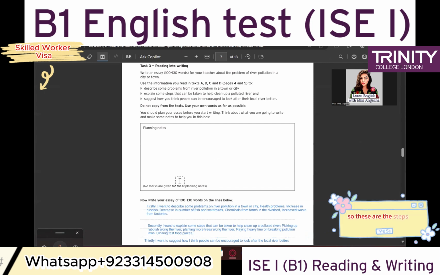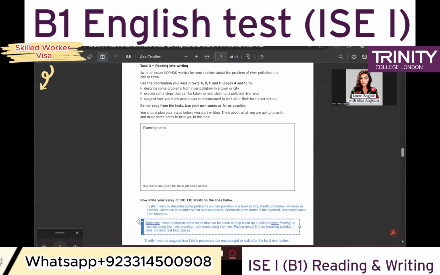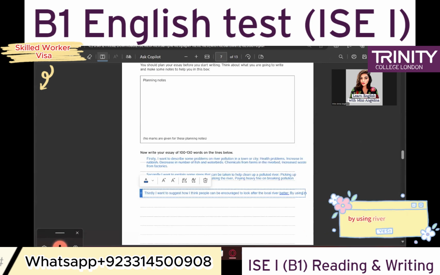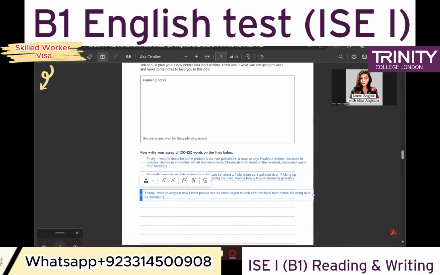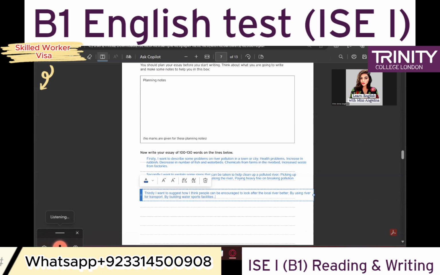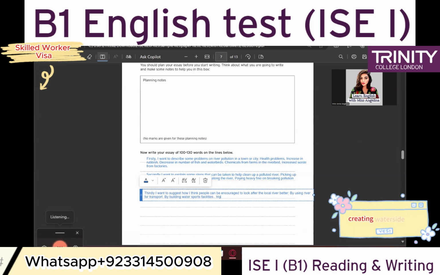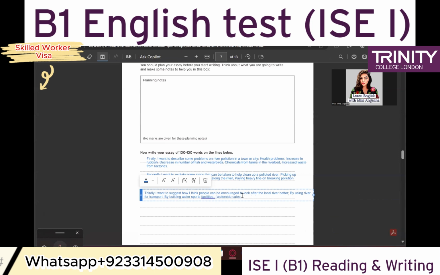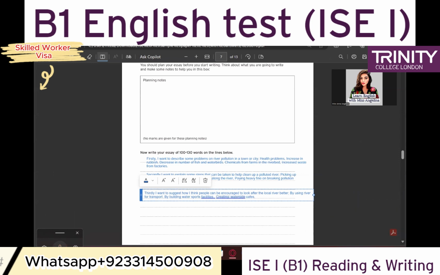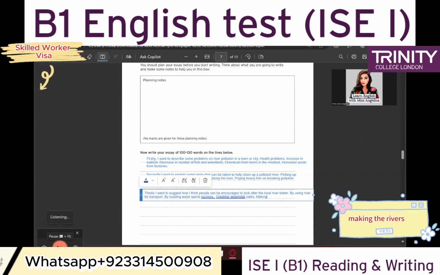So these are the steps that could be taken to clean up the river. By using the river for transport, by building water sports facilities, creating waterside cafes, making the rivers safer by providing lighting and security cameras to people.